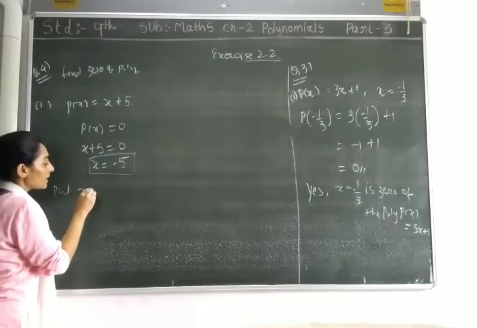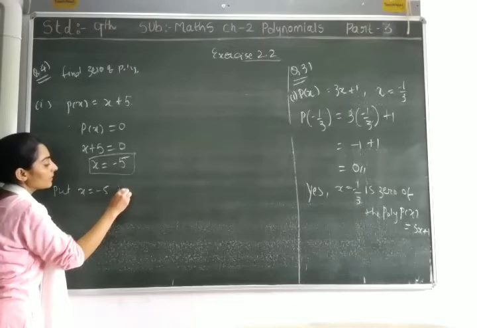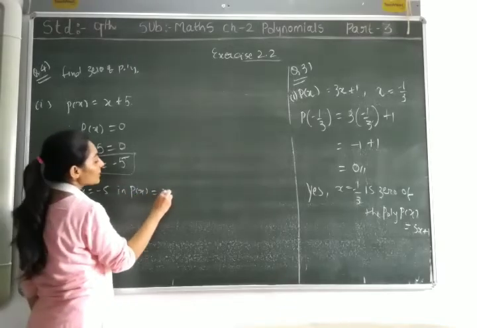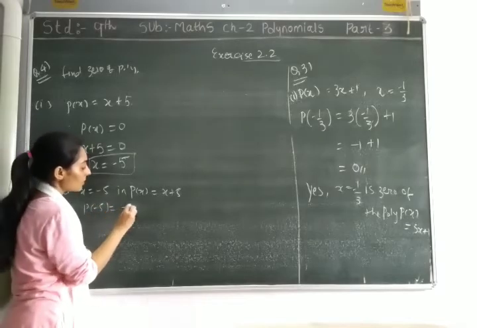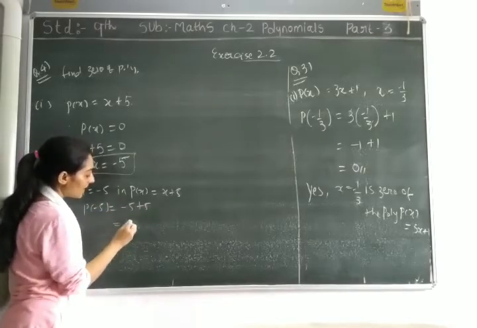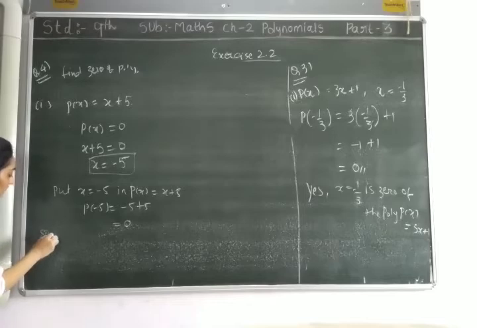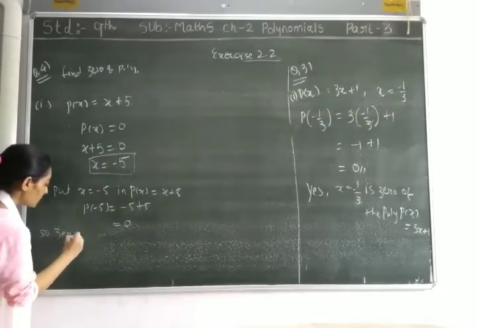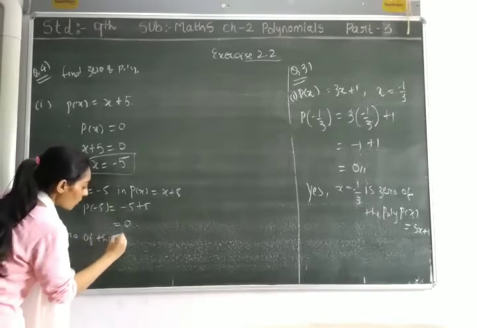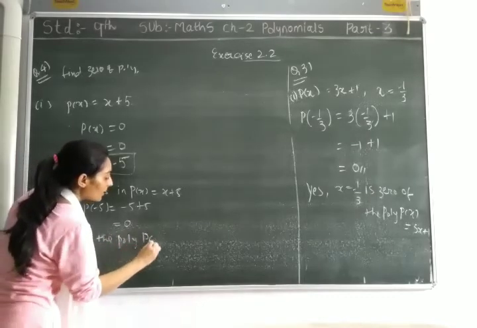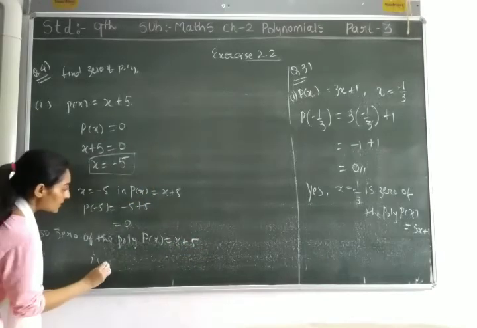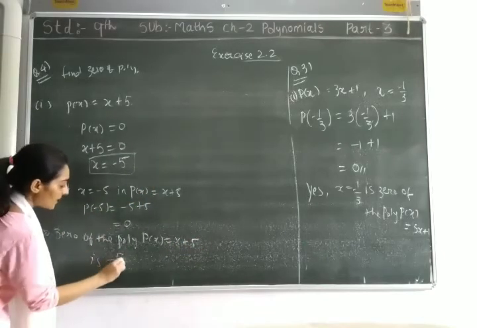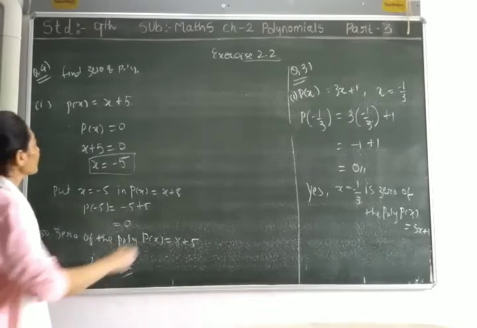Now put x equals minus 5 in p of x equals x plus 5. So p of minus 5 equals minus 5 plus 5. I am getting 0 over here. So the zero of the polynomial x plus 5 is minus 5.